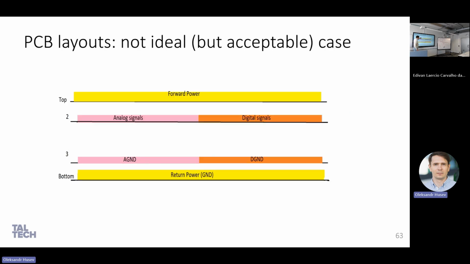It's definitely not ideal because you will have electric and magnetic fields passing through your digital and analog circuits. But in some parts of the PCB you can use the first approach, and in other parts another approach. It just depends. It's the art of design, because sometimes you have limitations in terms of size.